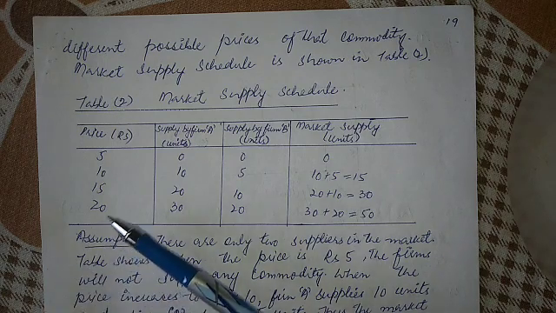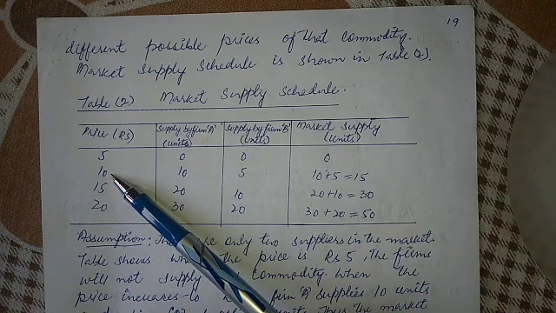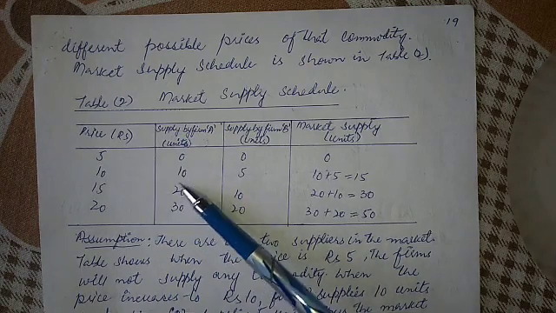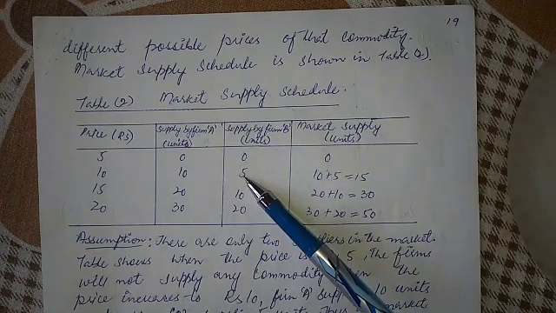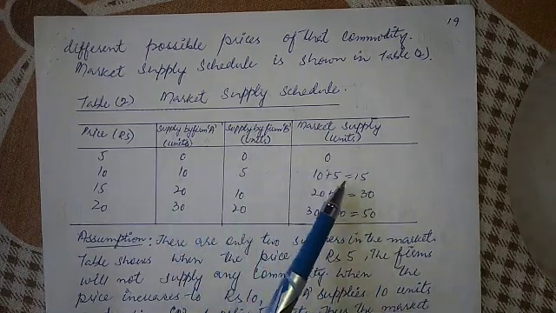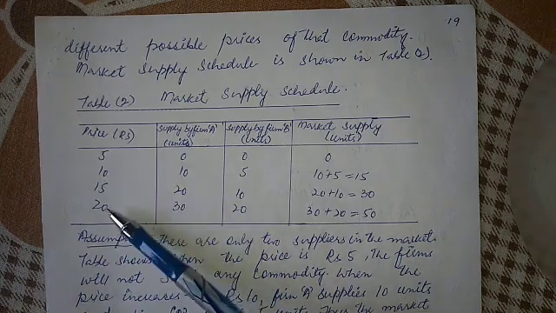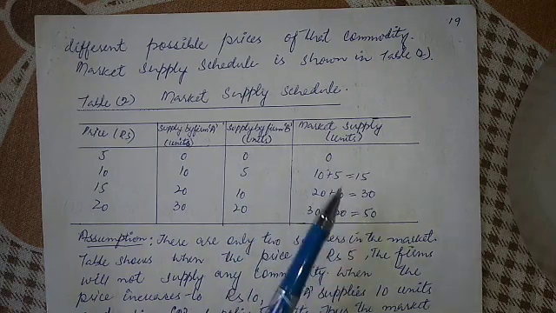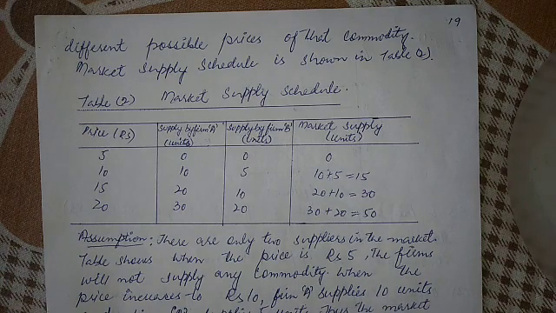You see, when the price increases to rupees 10, firm A supplies 10 units and firm B supplies 5 units. Thus market supply is 10 plus 5, that's equal to 15 units. So see, as the price rises, market supply also increases. So this is the market supply schedule.